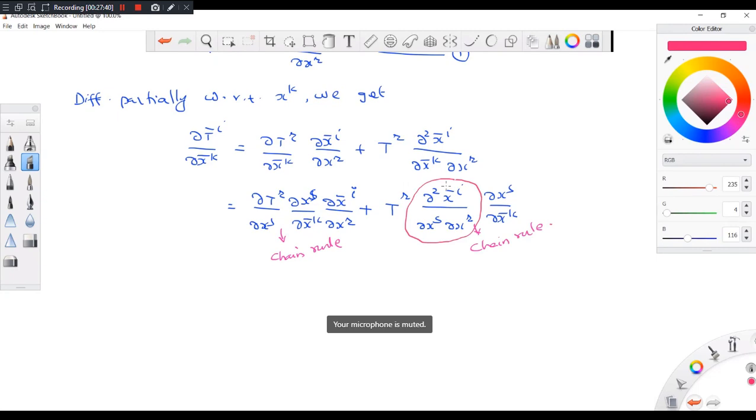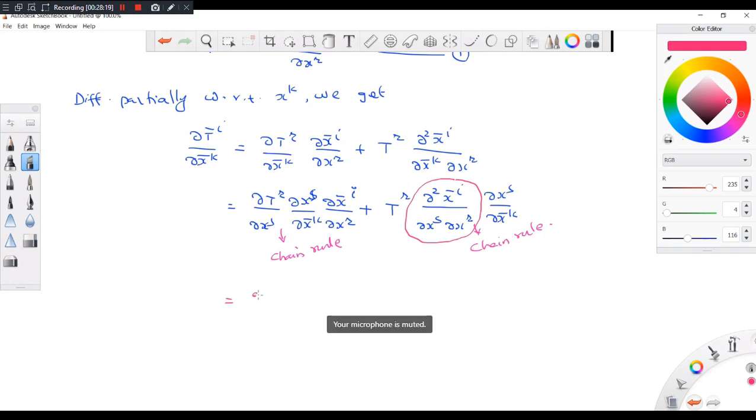So now this is equal to del Tr by del xs, del x bar i by del xr, del xs by del x bar k. I interchanged this, plus Tr into, for this I am substituting an important formula.